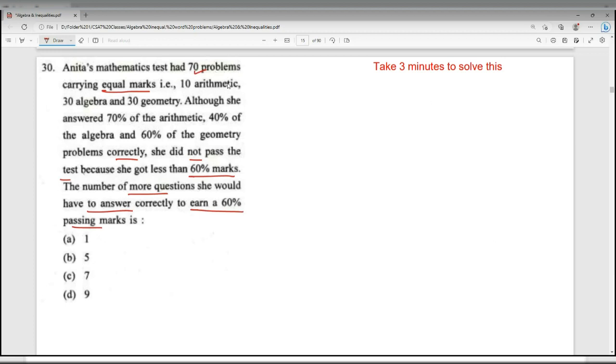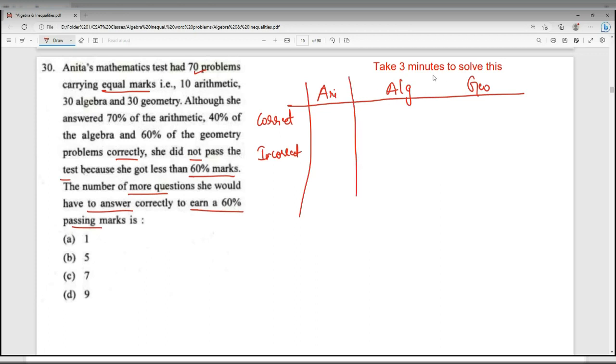So there are 3 subjects here: arithmetic, algebra, and geometry, with correct and incorrect answers. In arithmetic there are 10 questions, in algebra 30 questions, and in geometry 30 questions.